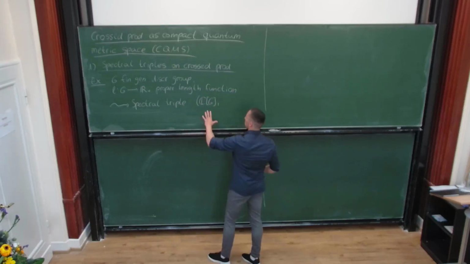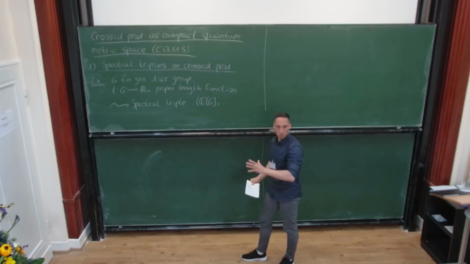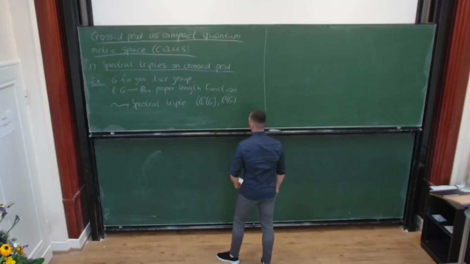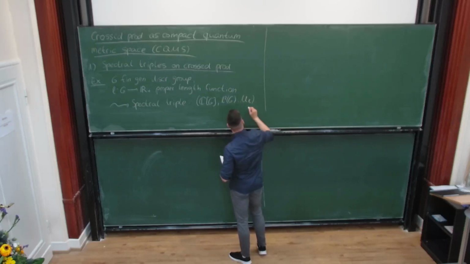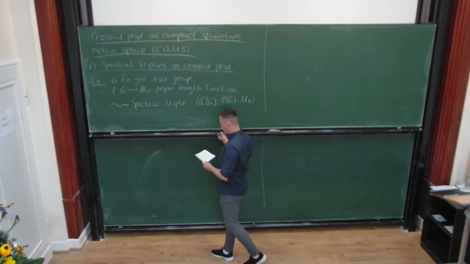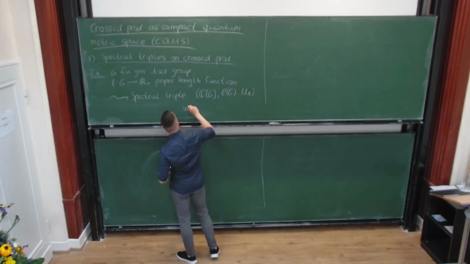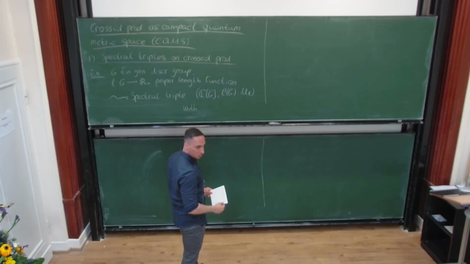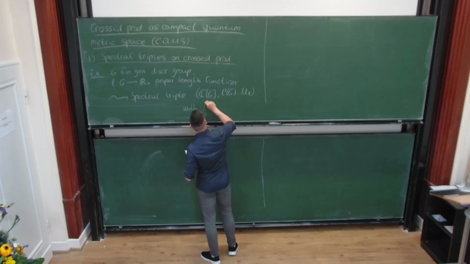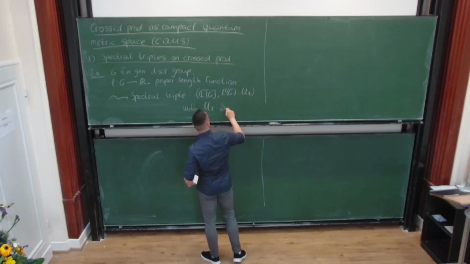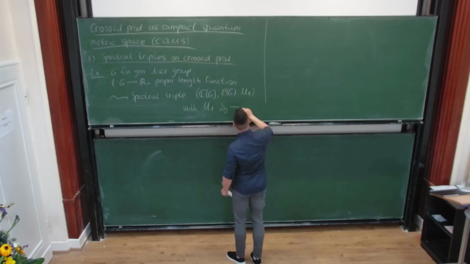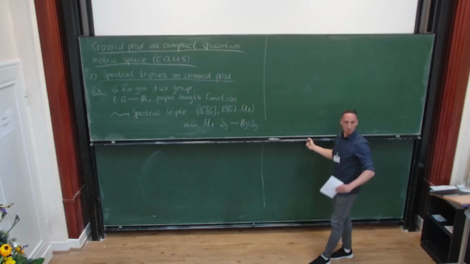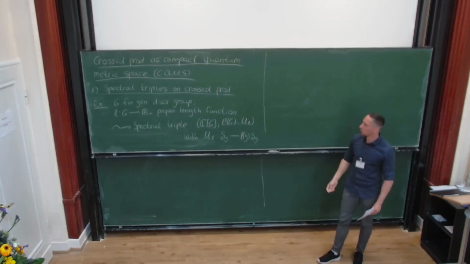You take the group algebra, and you view it as a star subalgebra of the reduced group C-star algebra, which is faithfully represented on L2 of G, and you take as your Dirac operator the operator M_L, which I'll have to tell you what it does. This M_L takes an orthonormal basis element delta_g in L2 of G and sends it to L of g times delta_g. So this is a nice example.